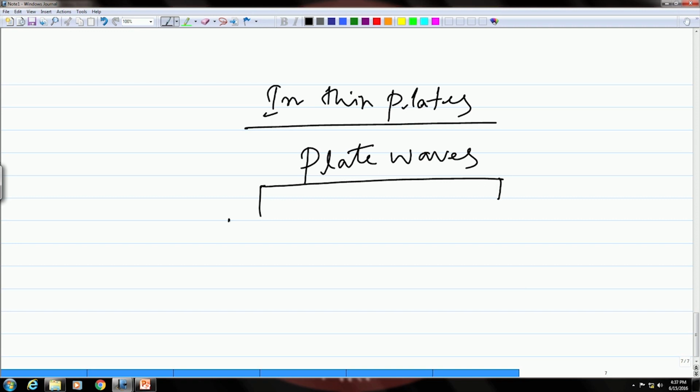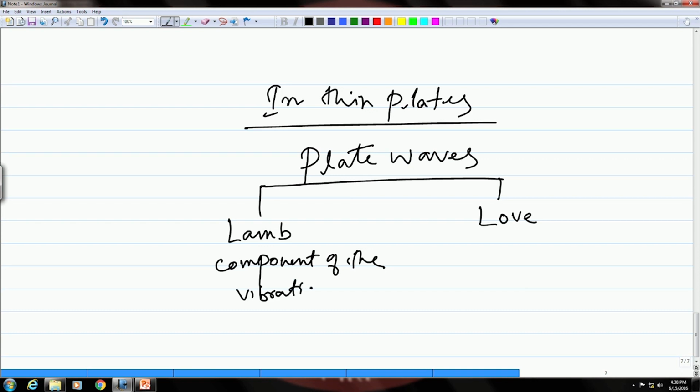One is known as Lamb and the other one is known as Love. Okay. So, Lamb is the component of the vibration which is perpendicular to the surface.